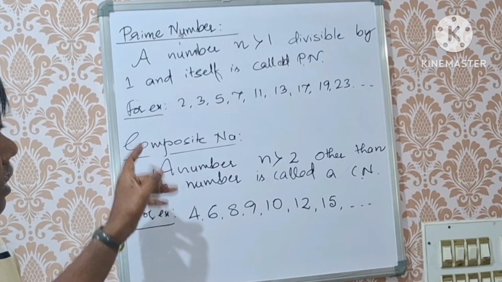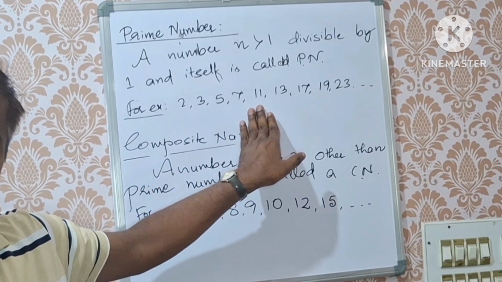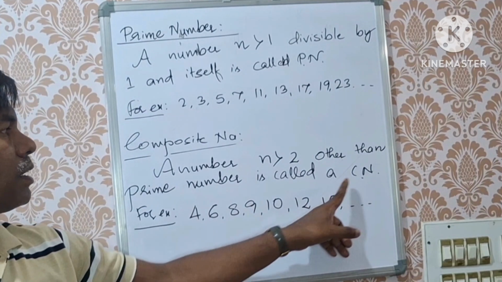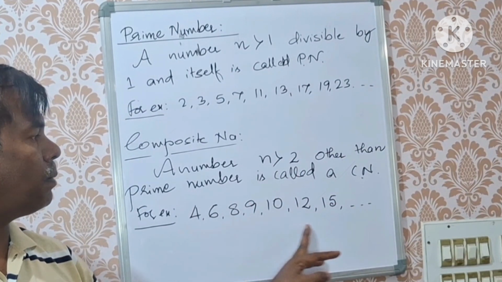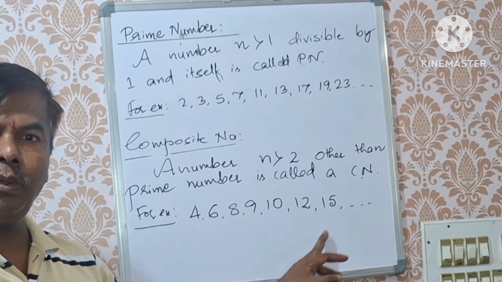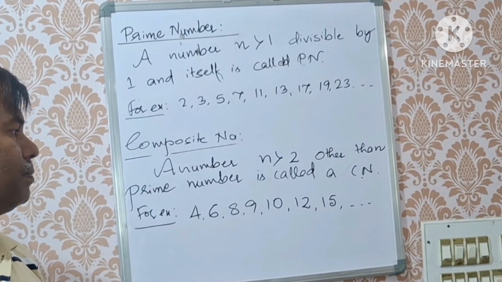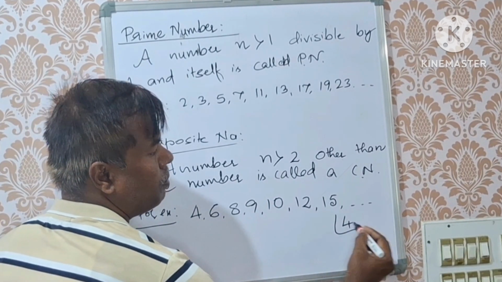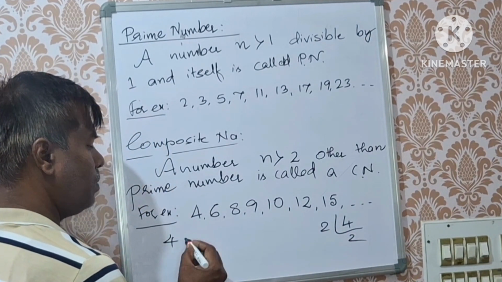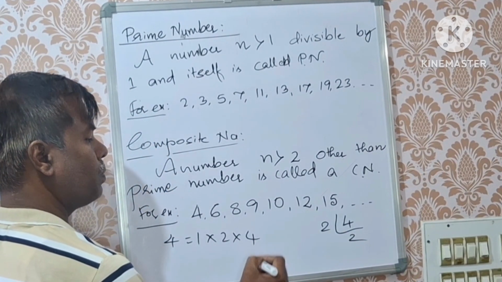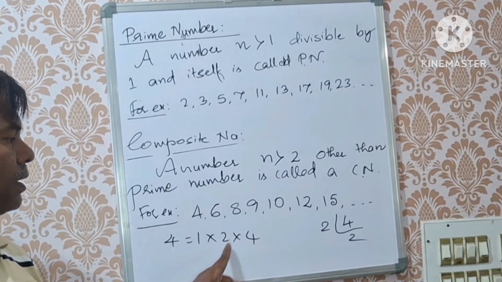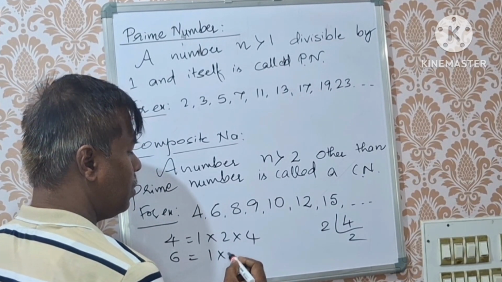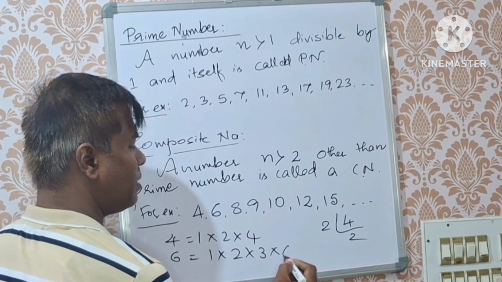Composite number. Numbers other than prime numbers are called composite numbers. For example, a number greater than 2 other than a prime number is a composite number. These are divisible by 1, itself and other numbers. For example, 4 is divisible by which numbers? 2 twos are 4, so 4 is divisible by 1, 2 and 4. 6 is divisible by 1, 2, 3 and 6.